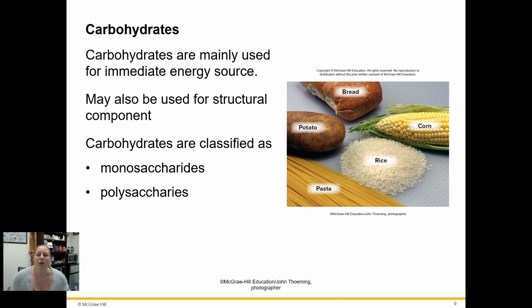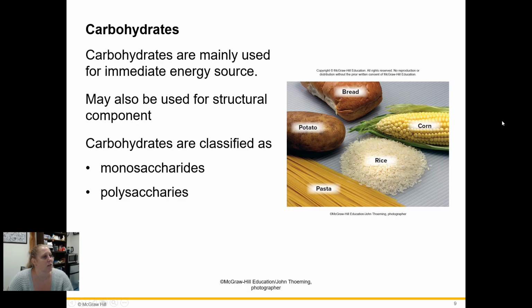Okay, so if you're following along on your table, you should be able to fill out the monomer, the polymer, examples, and the elements found in carbohydrates, and make a note to yourself that carbohydrates are polar and therefore hydrophilic, because remember, water interacts with polar and ionic molecules.